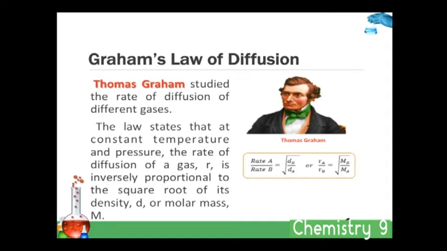So the rate of A divided by the rate of B equals the square root of the density of B divided by the density of A, or RA divided by RB is equal to the square root of the molar mass of capital MB over capital MA.